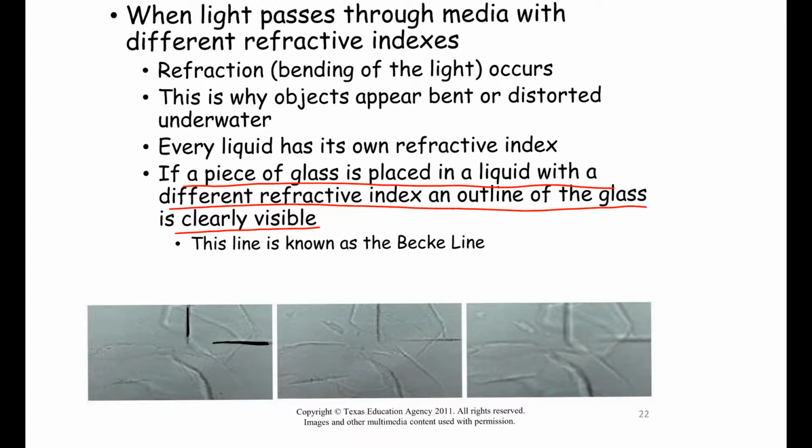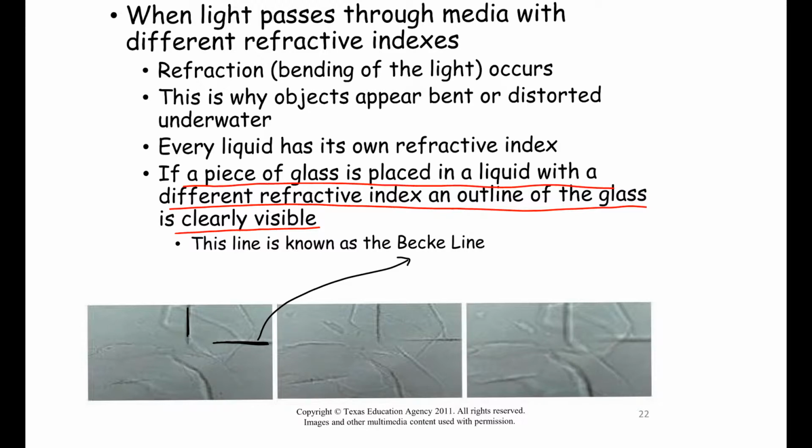That would be the outline of a piece of glass. That outline is known as the Becke line, and that tells me that this piece of glass does not have the same refractive index as the liquid that it's in. Because I can see that outline, I know that the liquid and the glass have different refractive indexes.